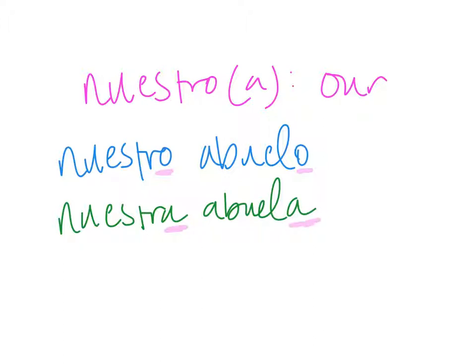Alright? What if you wanted to say our grandmas and you wanted to make it plural? Then everything would have to be plural. Nuestras abuelas. Okay, so again, it has to follow suit every time.